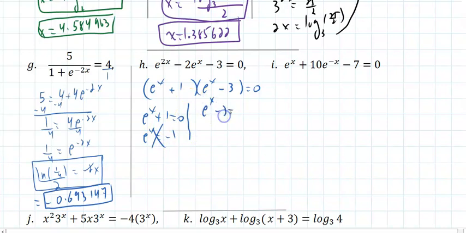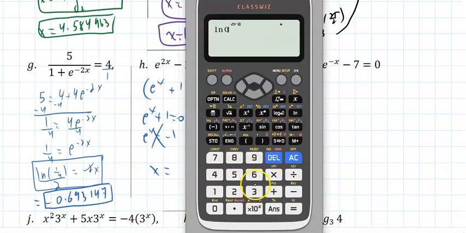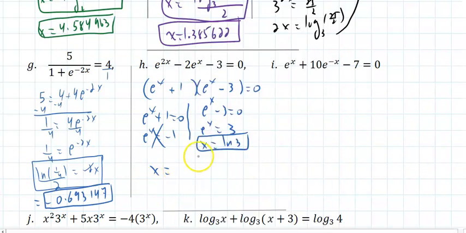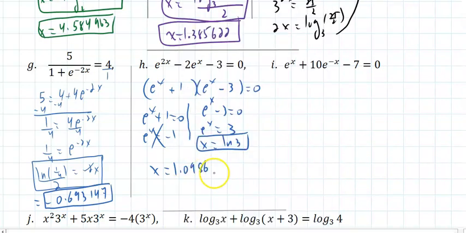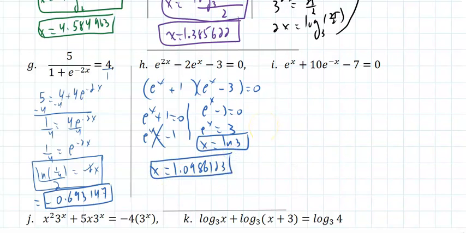E to the x minus 3 equals 0, e to the x equals 3, x equal natural log of 3 would be the answer. If I want to approximate it, simply natural log of 3 equals 1.0986123. Oh, that's more than 6 decimals. That's okay. Over is okay.